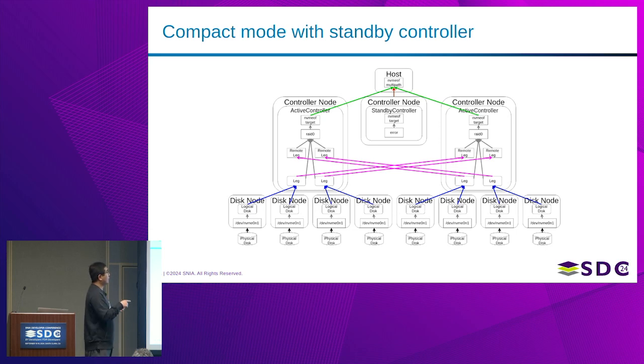And if one controller node fails, we will promote a standby controller to active controller. Then the host will get the state update from the NVMe protocol, and it will know it should deliver traffic to the new active controller.